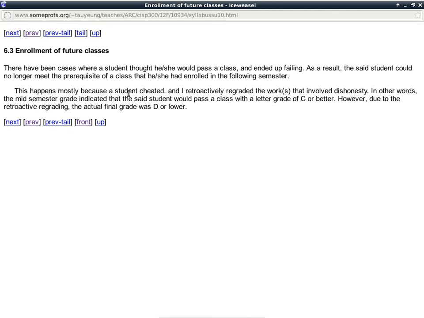Do you think that if I hadn't caught the cheating and that student actually got into CISP 300, I would have done him a favor or not? He actually did not understand the material well enough to get into 360. So along the ladder, at some point that student is going to fail.